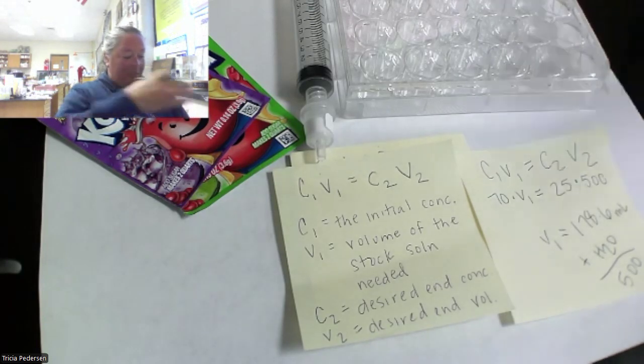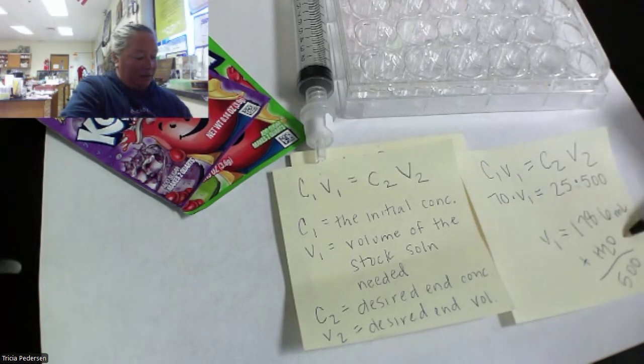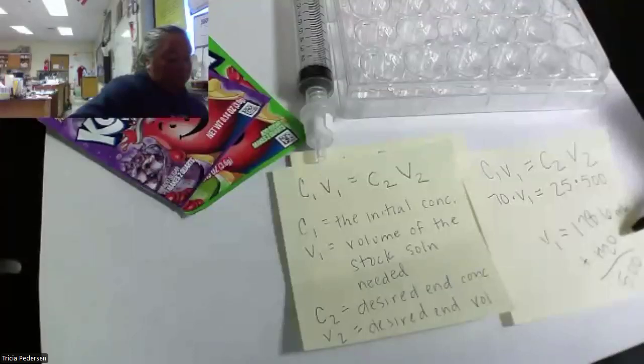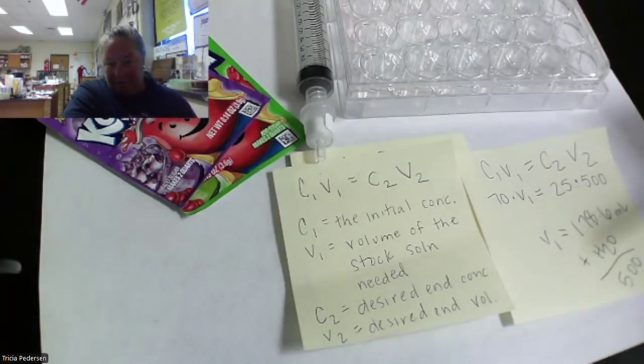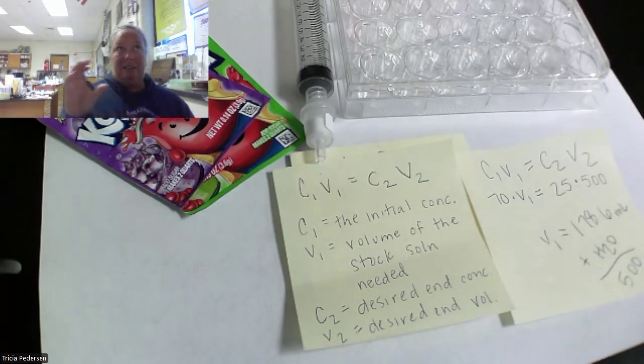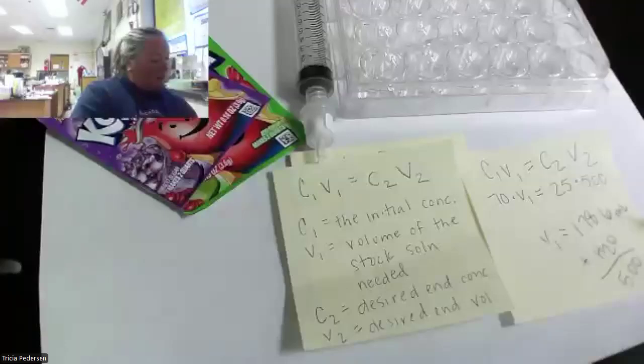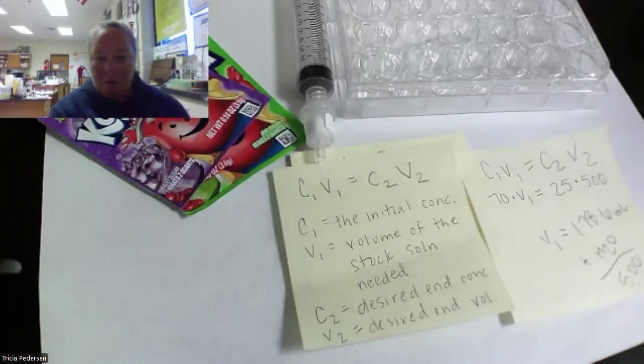And adding that amount of 70% with 322 milliliters of water is enough to dilute the 70% with the water down so that the alcohol percent is now 25. Are you okay with that? Yes, thank you. Okay. Questions?